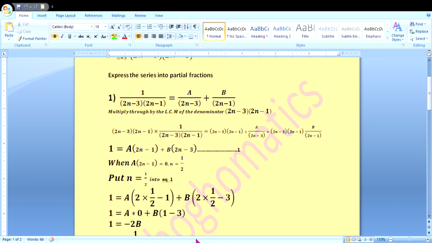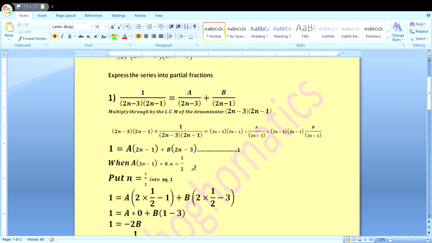Then for us to obtain the values of A and B respectively, to obtain the value of B, we group this term here, A into (2n minus 1), and assume it is equal to 0. In that case, n is equal to half.